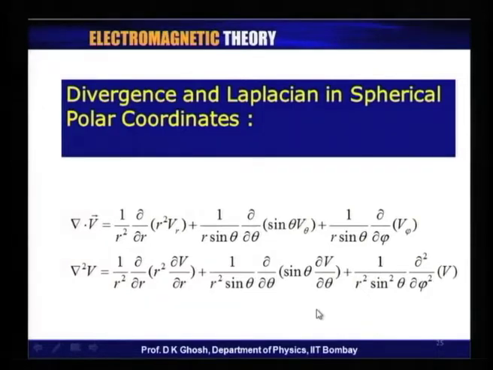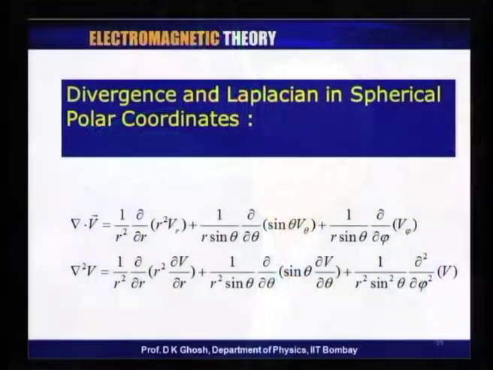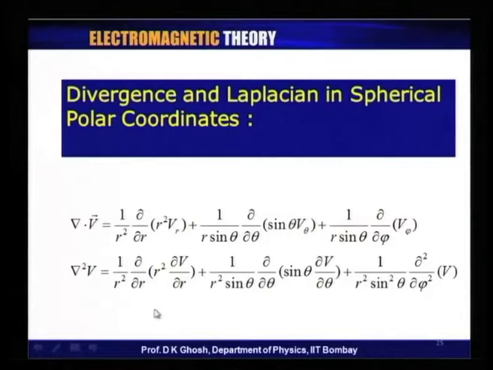However, since I am dealing with 1 over r, this function does not have any dependence on theta or phi. So, if my function v, vector function or scalar function, does not have any theta or phi dependence, then the only point that I am involved with is the radial component. So, let us look at what it is.